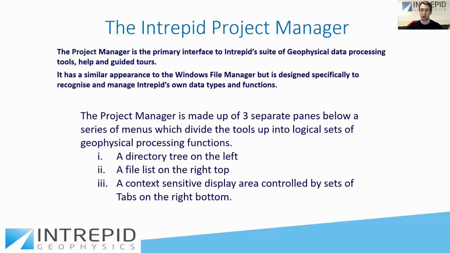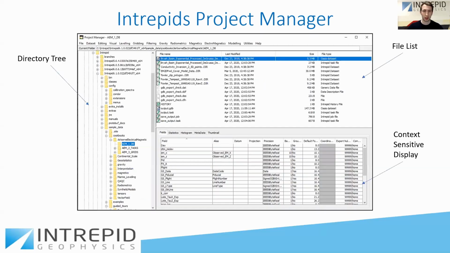So you'll have a directory tree on the left, file list on the top, and a context-sensitive display down the bottom right. As you can see here, we've got the directory tree, and you open and close the different directories, a kind of tiered structure, much like Windows Explorer.